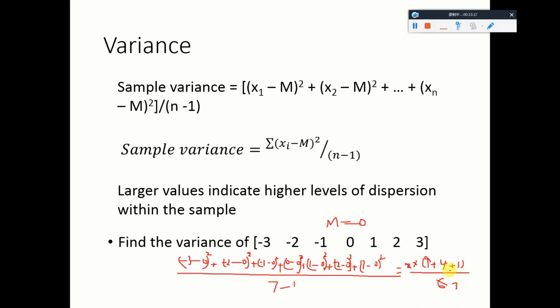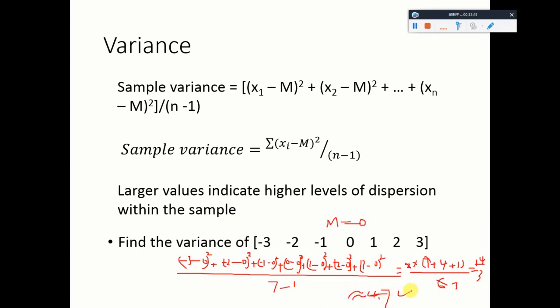And then here is 9 plus 4, that's 13. 13 plus 1, that's 14. So it will be 14 over 3. It will be 4.7, maybe. About 4.7. Okay.